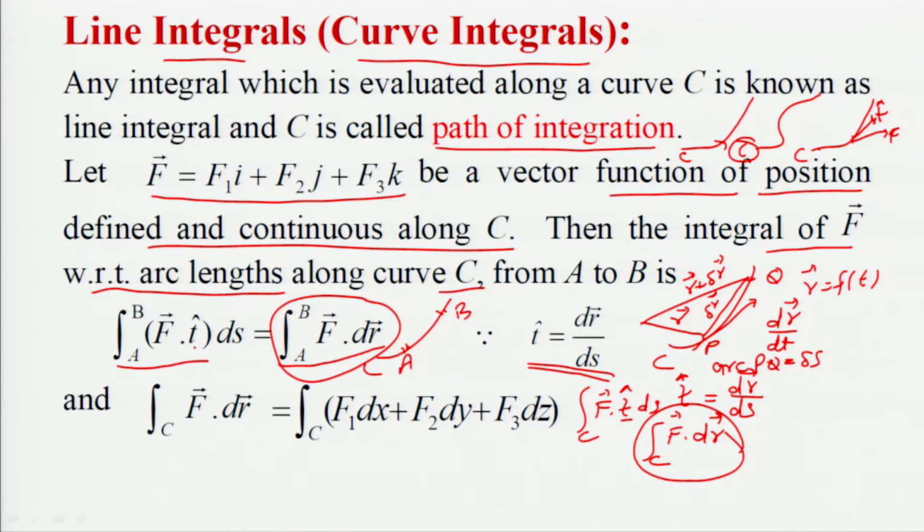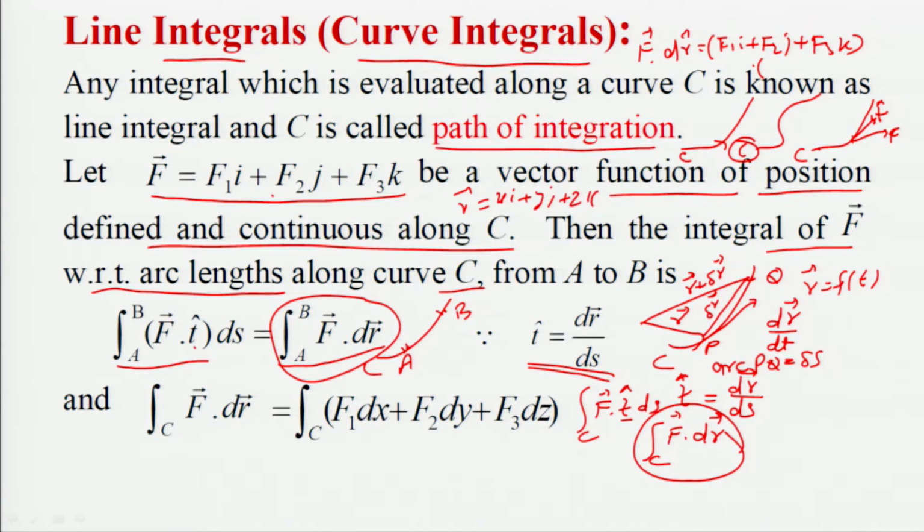Now, if vector f is given in component form like f1 i plus f2 j plus f3 k, then f dot dr is equal to f1 i plus f2 j plus f3 k dot dr, where vector r is nothing but x i plus y j plus z k.